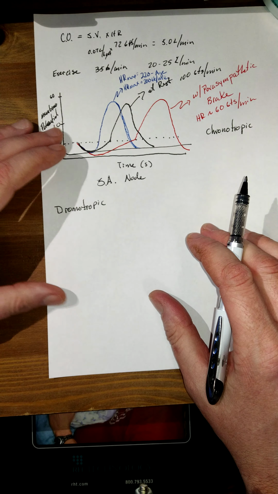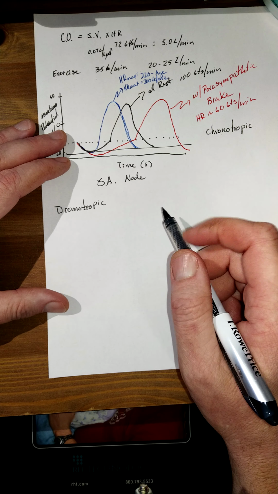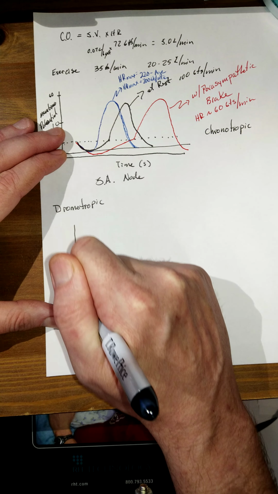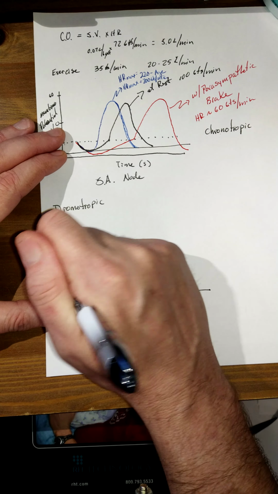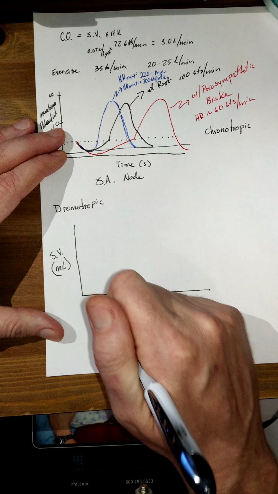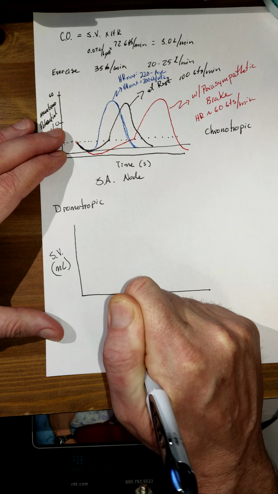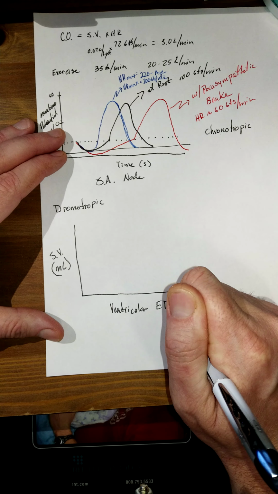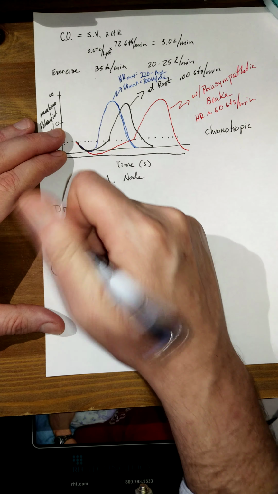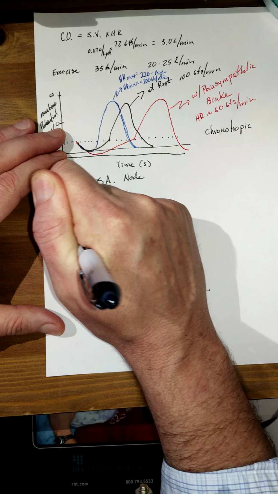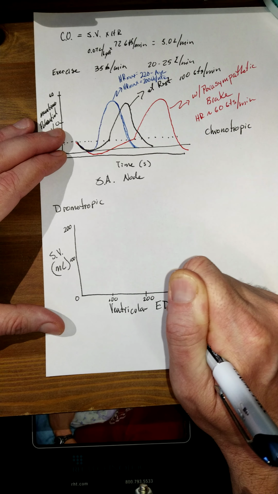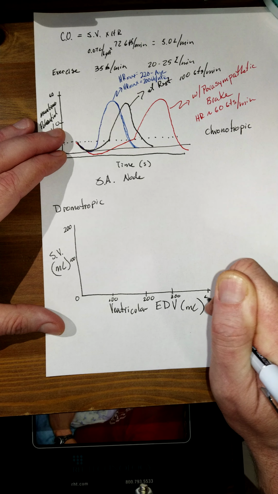And stroke volume, we can look at it from the aspect of the end diastolic volume versus the stroke volume. So we'll put this in milliliters, and end diastolic volume in milliliters. So 0, 100, 200 mils over here, 100, 200, 300, 400.